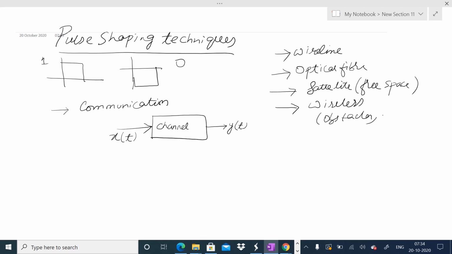There will be a lot of effects like scattering of waves, there will be diffraction and other sources.